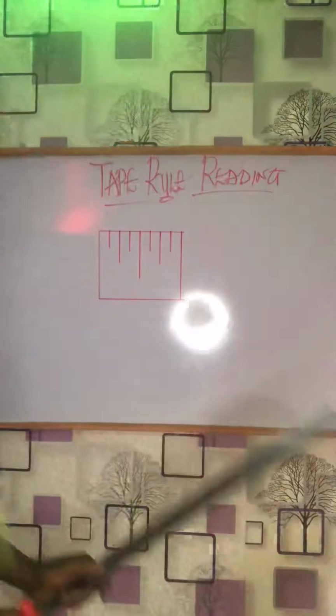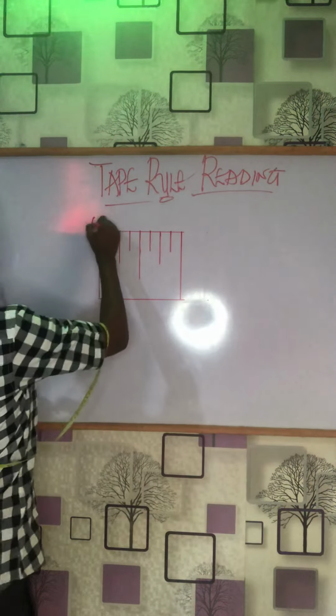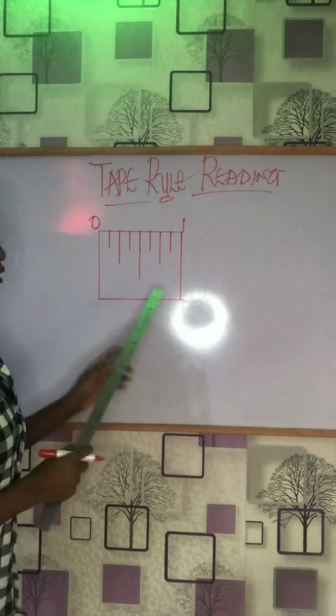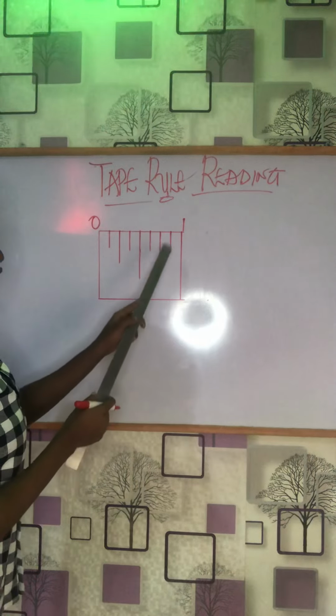Now, as you can see, I have 8 lines here. That is from point 0 to point 1. I have 8 lines. 1, 2, 3, 4, 5, 6, 7, 8.